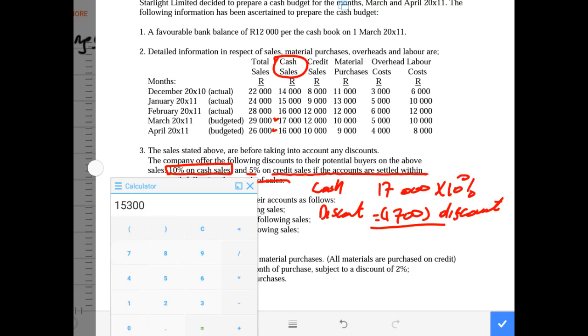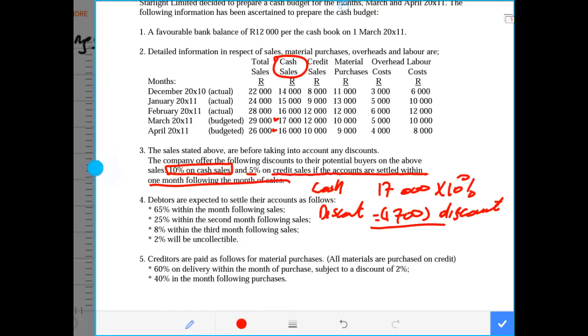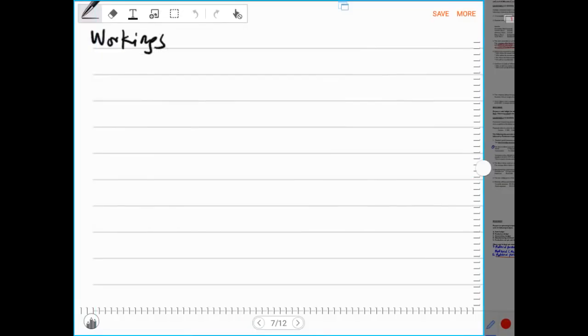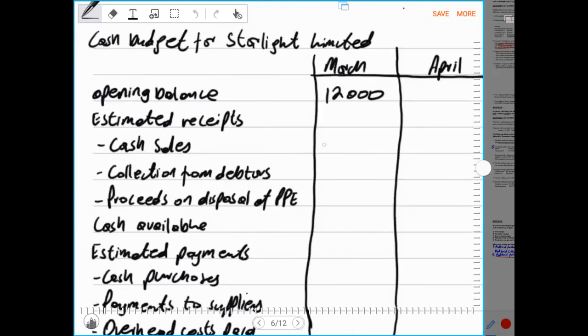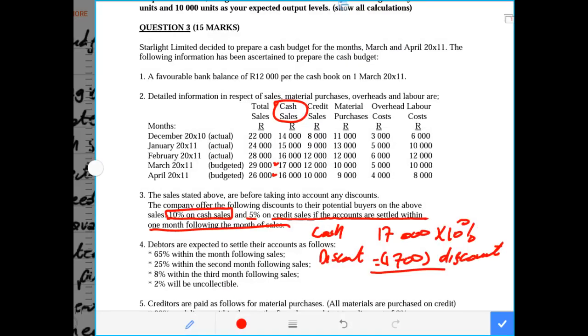That still gives us 15,300. So cash sales for March will be 15,300 rands.